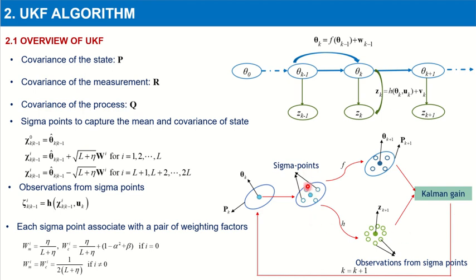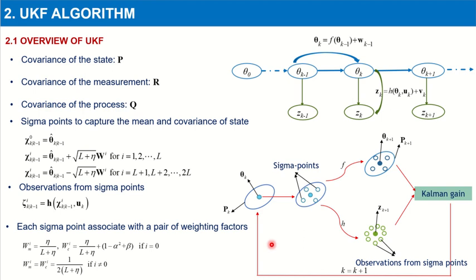Corresponding to each sigma point, we can generate an observation, and also a weighting factor. The weighting factors are used to determine how much influence each sigma point should have on the resulting mean and covariance estimate.